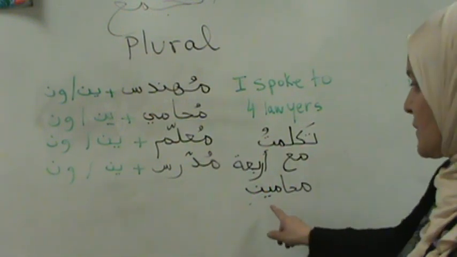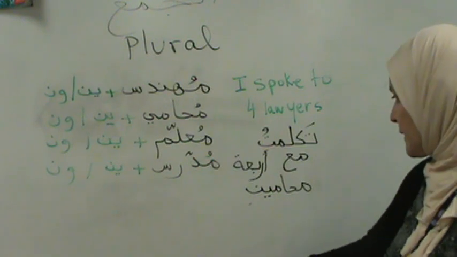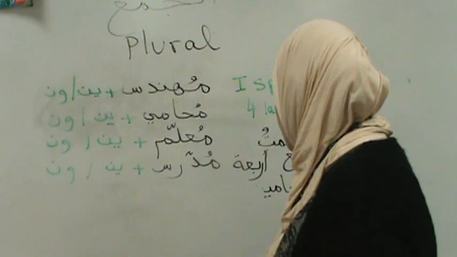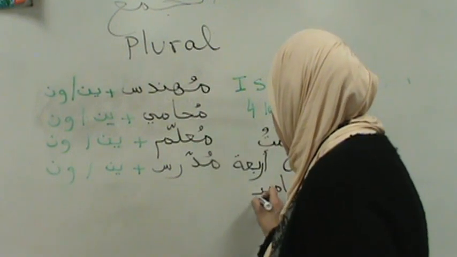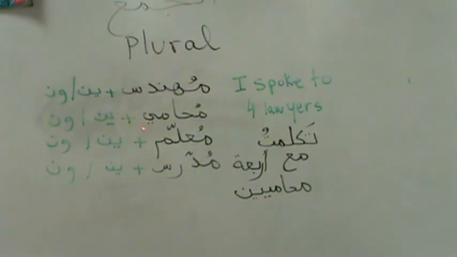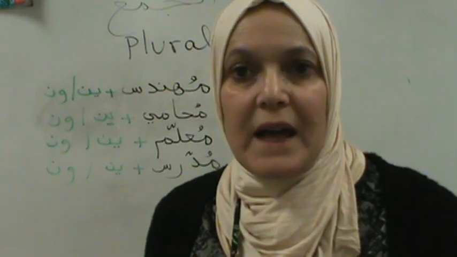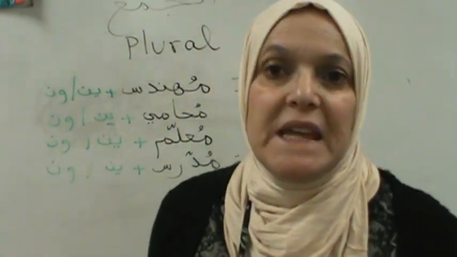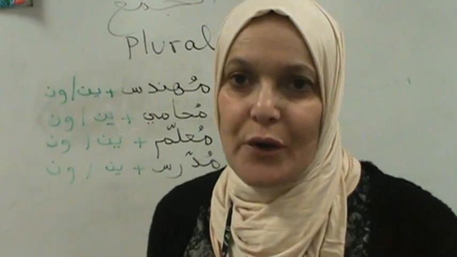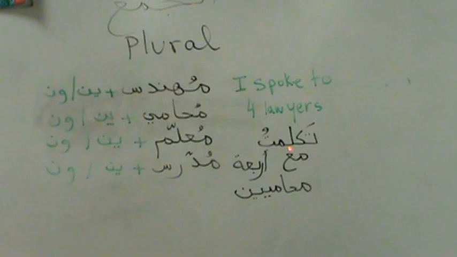So here, as you can see, I did not put the ya, but this is the one we say, محامين, because محامي ends with a ya, and I added here محامين. But when we speak, we tend to say محامين, because the ya plus ya, I just make it a long ya. تكلمت مع 4 محامين.